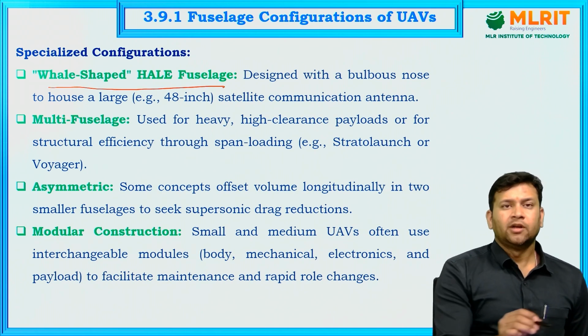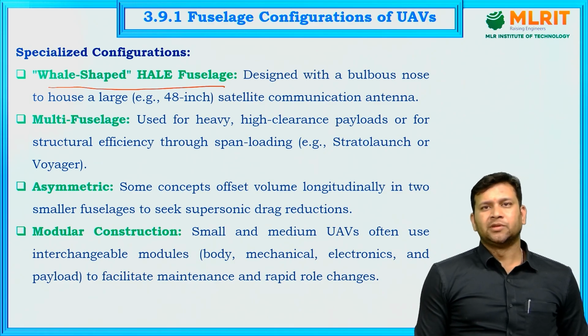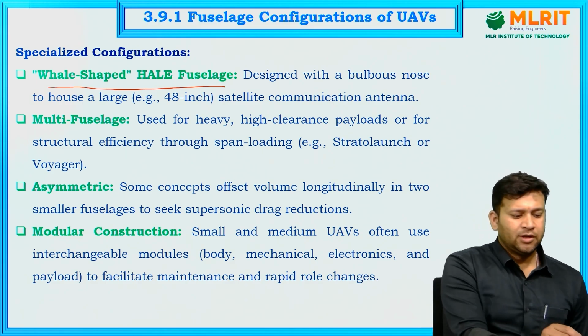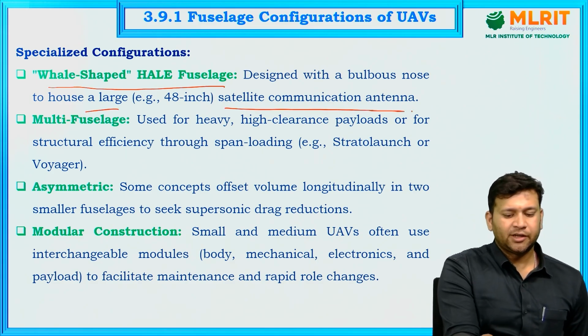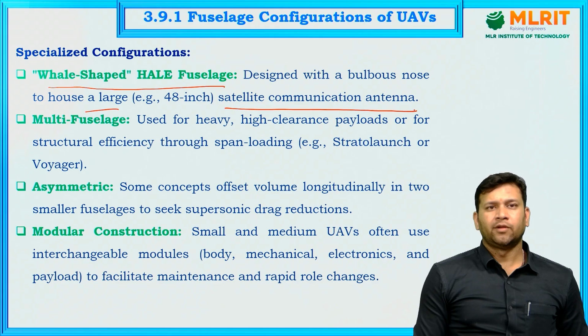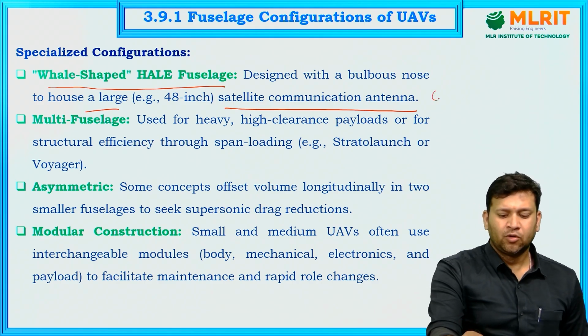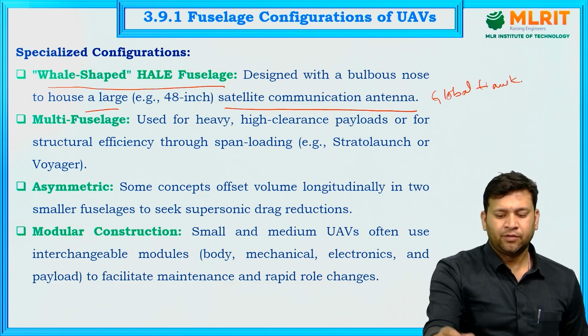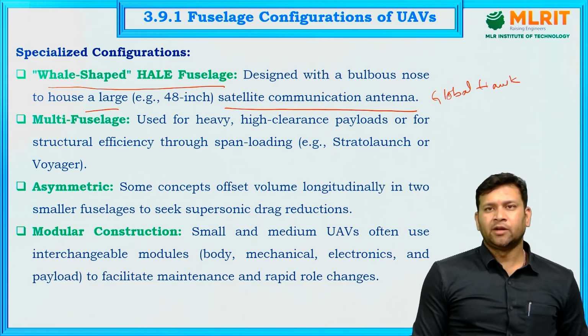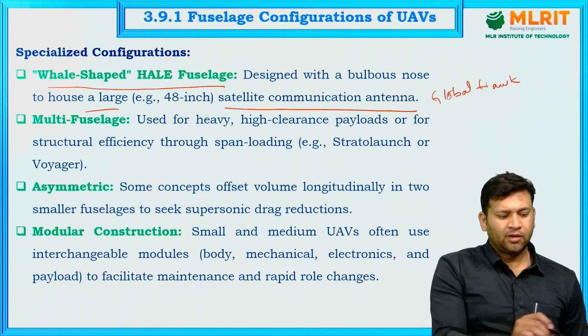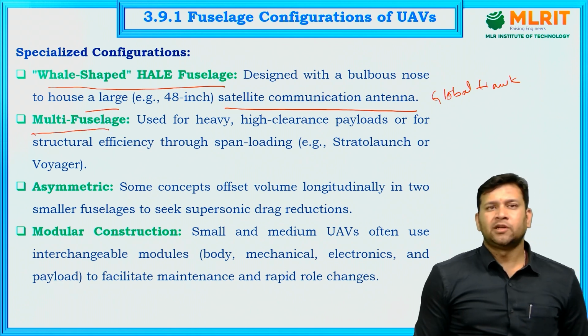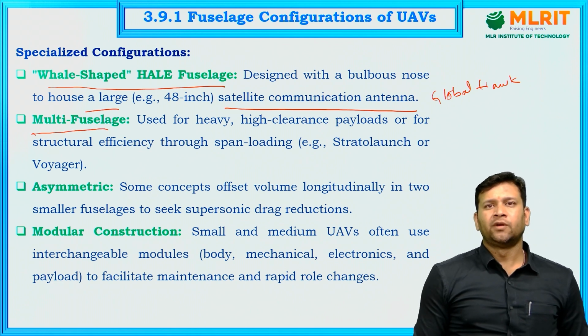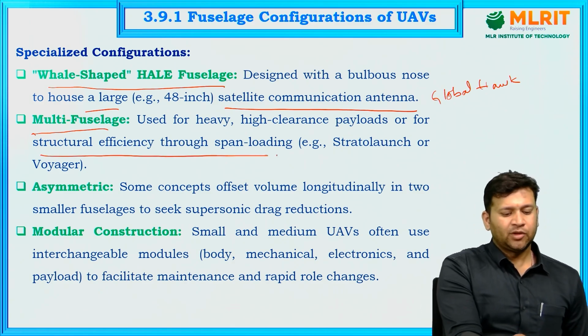Whale shaped high altitude long endurance fuselage, which is designed with a bulbous nose to house a large satellite communication antenna. The best example is the Global Hawk unmanned aerial vehicle, which has a similar kind of nose where the communication antenna is loaded. Multi-fuselage is a specialized configuration used for heavy, high clearance payloads or for structural efficiency through span loading.